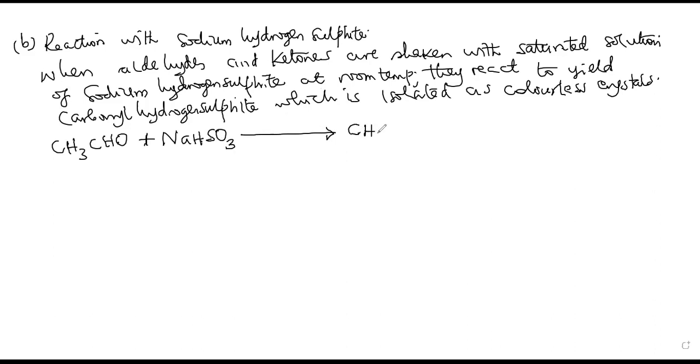So it is CH3CH. After reacting here, we shall form OH, then SO3 minus, then Na positive. So that is what we call a carbonyl hydrogen sulfide.